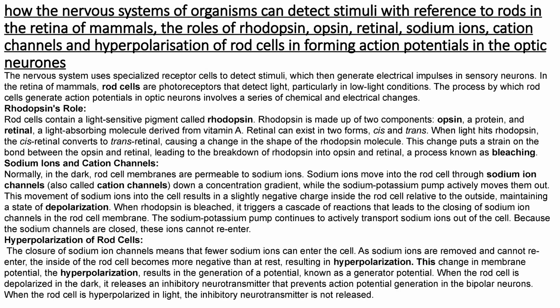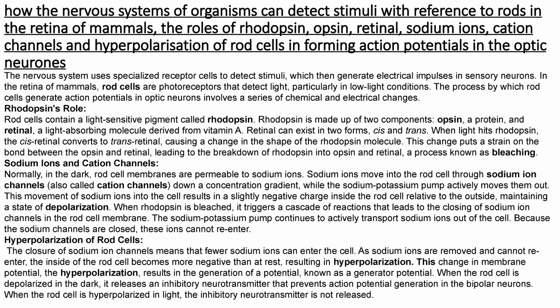Now, next is the hyperpolarization of rod cells. The closure of sodium ion channels means that fewer sodium ions can enter the cell as sodium ions are moved out and cannot re-enter. The inside of the rod cell becomes more negative than at rest, resulting in hyperpolarization.